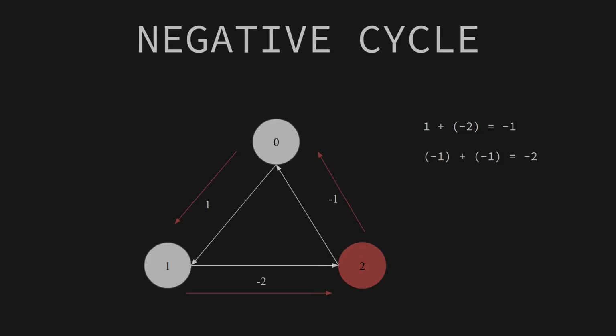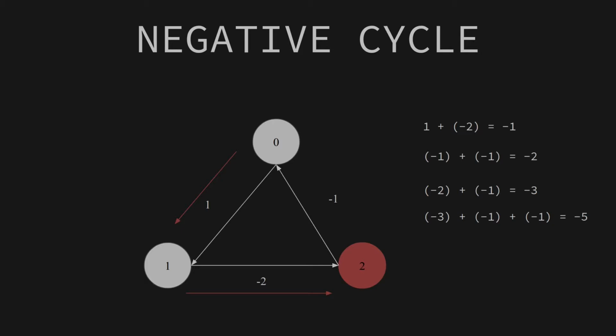Now if you follow the loop once more and come to 2, the total cost will be minus 3. If you do this once more, the cost will be minus 5. So the more you loop, the lesser the cost. In other words, there is no shortest path from 0 to 2 because you can just keep looping and the cost will keep decreasing. Now this is a problem.